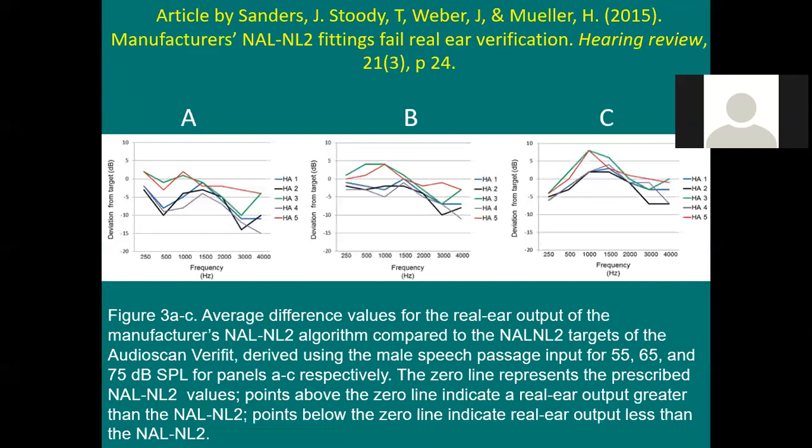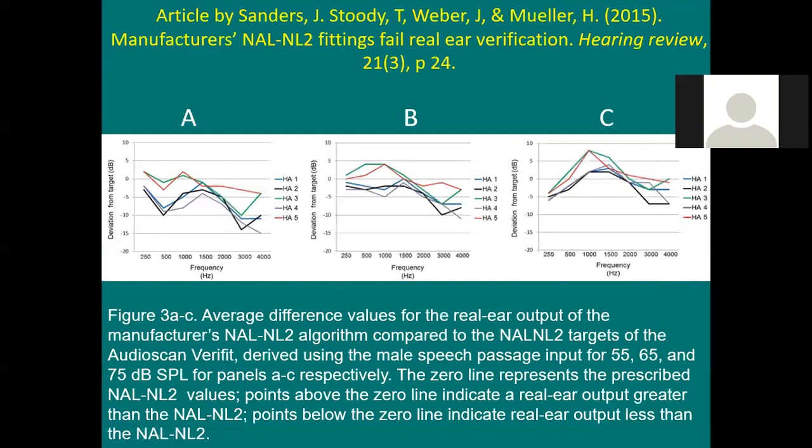The average difference values for the real ear output of the manufacturer's NAL2 compared to the NAL2 targets on the AudioScan real ear system. Okay, so now we're looking at how do the manufacturers use NAL2 compared to how the real ear systems use NAL2.